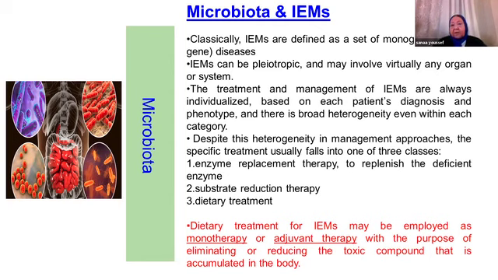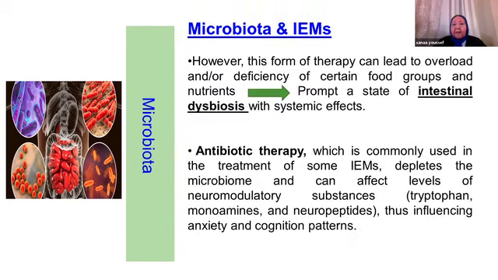Dietary management for inborn errors of metabolism may be employed as a monotherapy or an adjuvant therapy with the purpose of eliminating or reducing the toxic compounds that accumulate in the bodies of these children. However, this form of therapy can sometimes lead to an overload or a deficiency of certain food groups and nutrients.